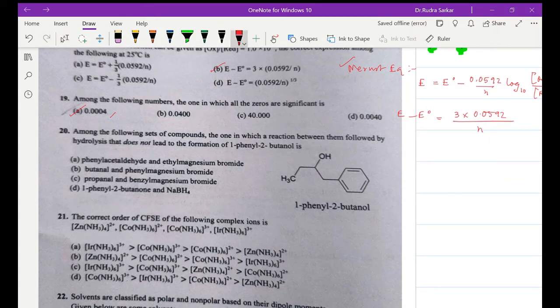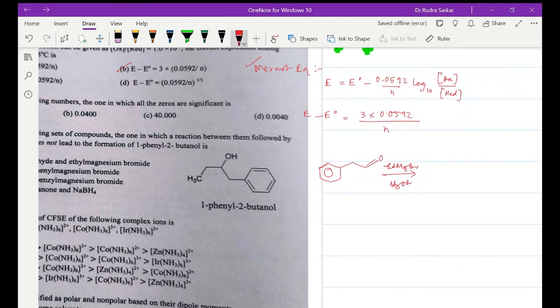So obviously this is your phenyl acetaldehyde reacted with EtMgBr followed by hydrolysis, and the compound that will be formed obviously is going to be 1-phenyl 2-butanol. Okay.